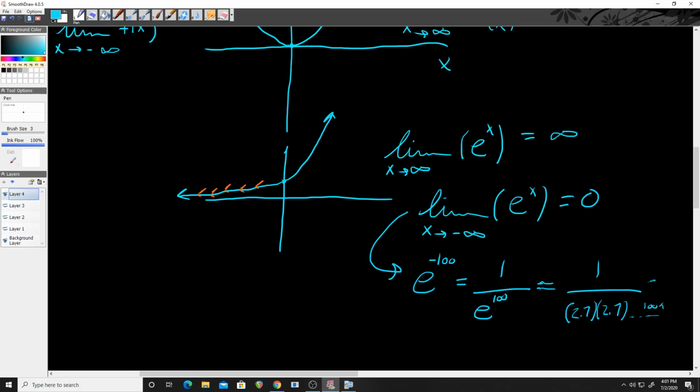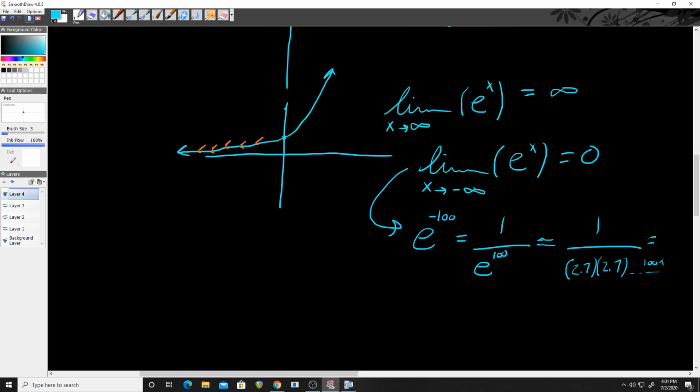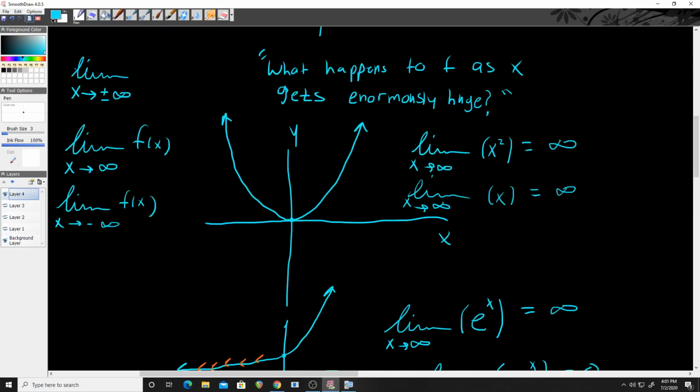The logic here is this is 1 over a huge number, and 1 over a huge number is really, really close to 0. So that's the reason why, as x approaches negative infinity, the exponential goes to 0.